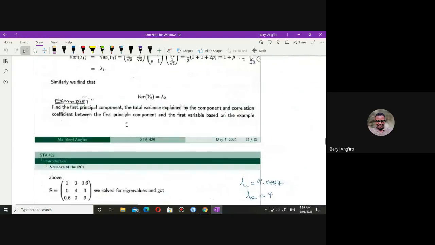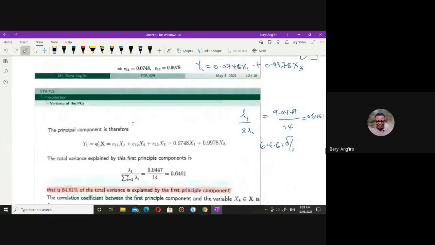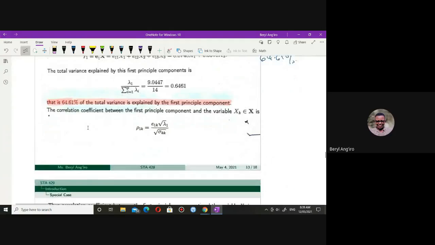Then the next part is to find the correlation coefficient between the first principal component and the first variable. That is rho of Y1, Xk, which is given by E1k root lambda 1 divided by the square root of sigma kk.